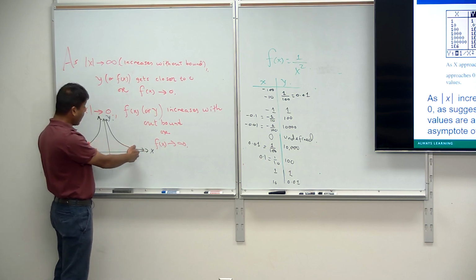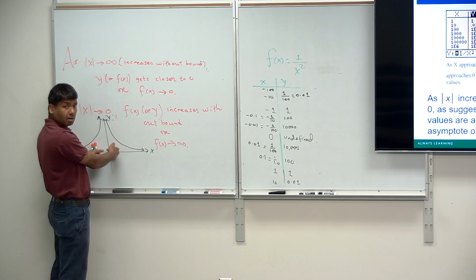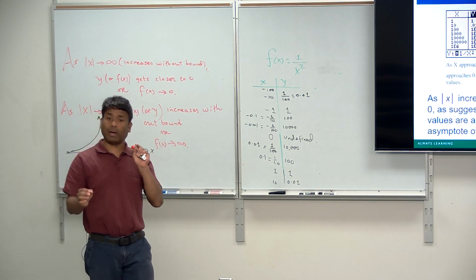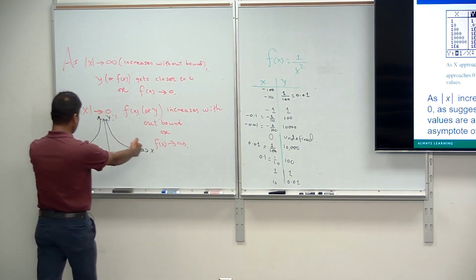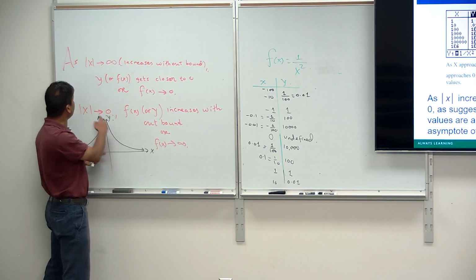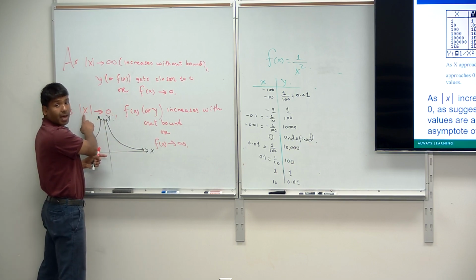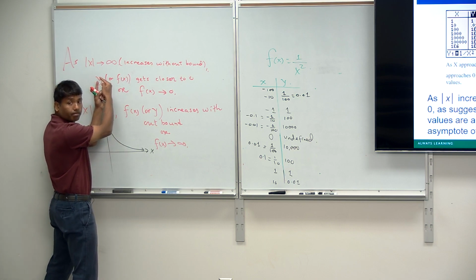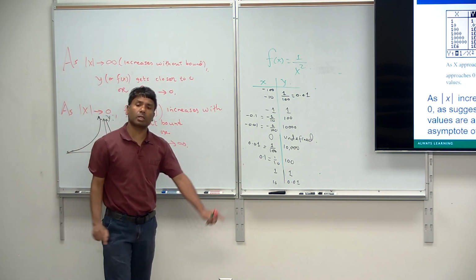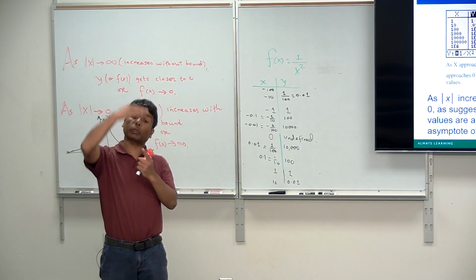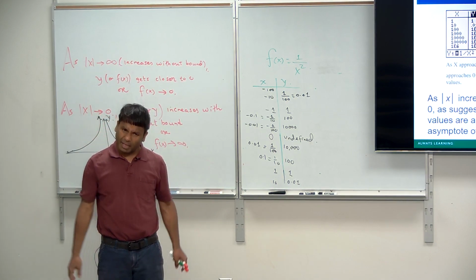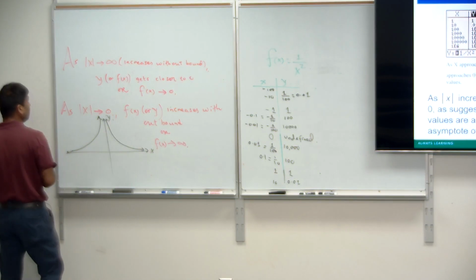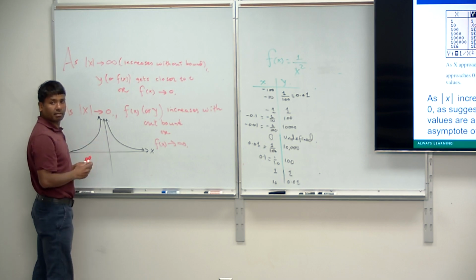But when the value of x approaches 0, because x can approach 0 in both directions, from the left and from the right, that's why we are taking the absolute value of x. As the absolute value of x approaches 0, your y value blows up. Your y value increases without bound, so your y value approaches infinity. That makes sense? So you have this kind of graph. Hey, did I make sense here?